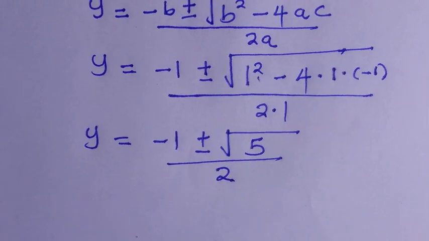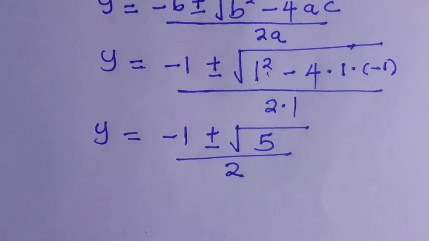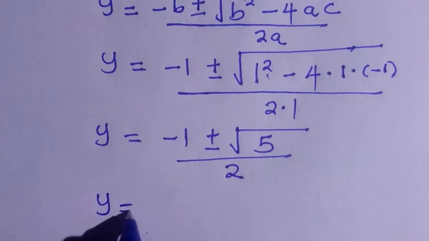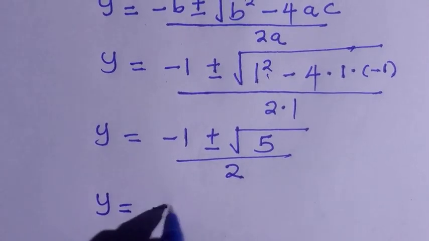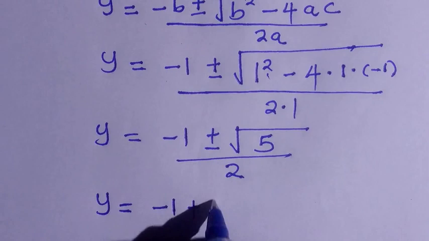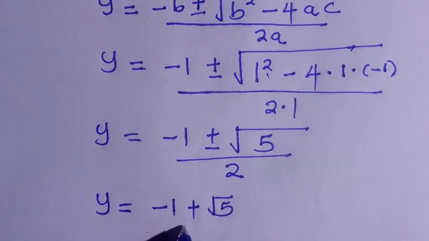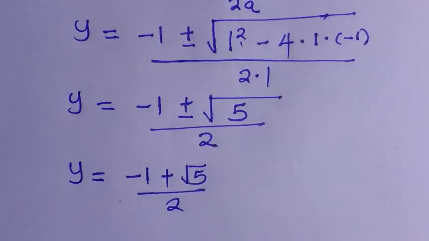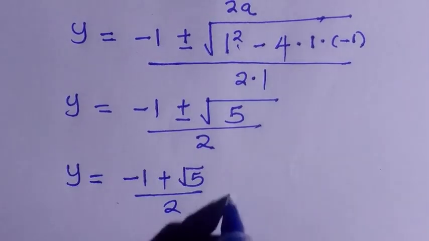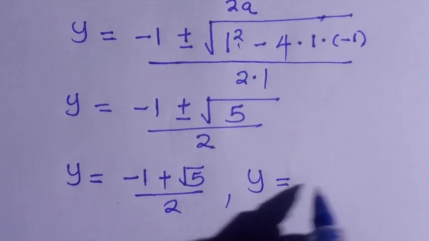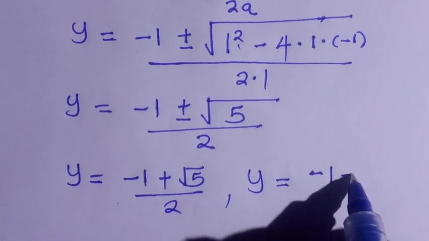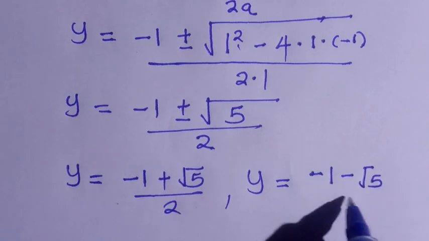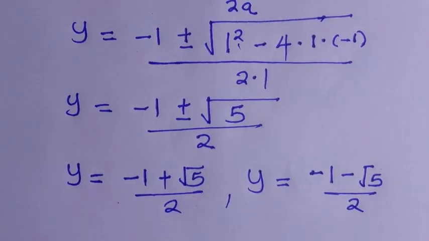And with this one, we're going to have two different results, which is y equals minus 1 plus root 5 divided by 2, and again we have y equals minus 1 minus root 5 divided by 2.